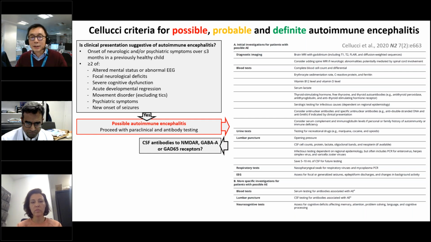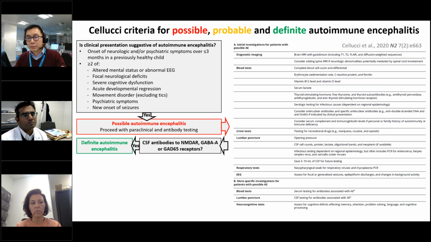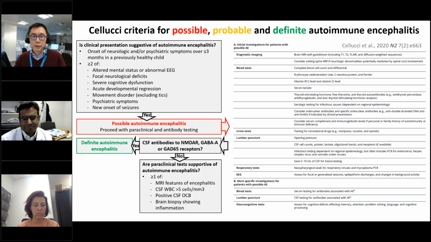And of course, if you identify specific antibodies, you will have the diagnosis of autoimmune encephalitis. And as I said, that was written at the time that the paper was published, but this is becoming larger, and it's also an acknowledgement that serum can play a part in the diagnosis as well.